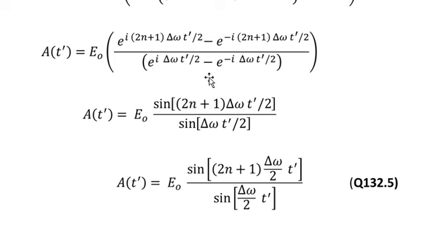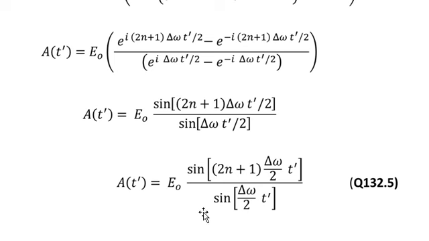And similarly, the denominator, by dividing it by 2 iota, you can write as sine of delta omega times t prime divided by 2. Since the numerator is divided by 2 iota and the denominator is divided by 2 iota, mathematically it would not make any difference, and then we can write these exponential terms in terms of the sinusoidal terms. These sinusoidal terms can be written in more explicit form as this.